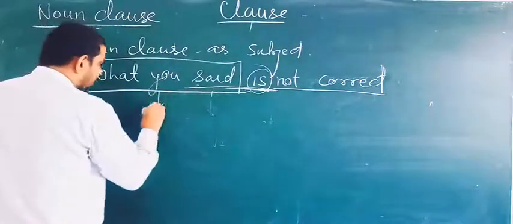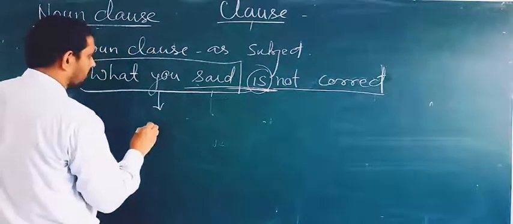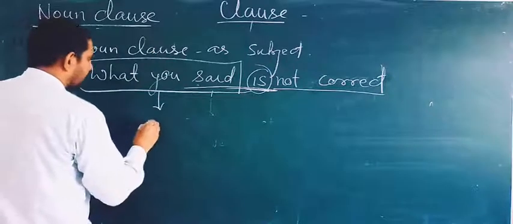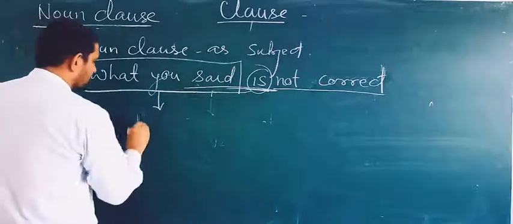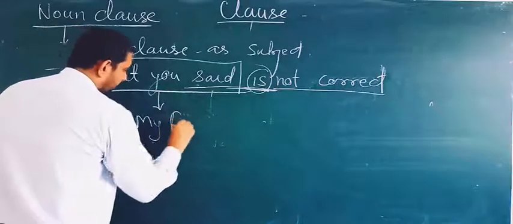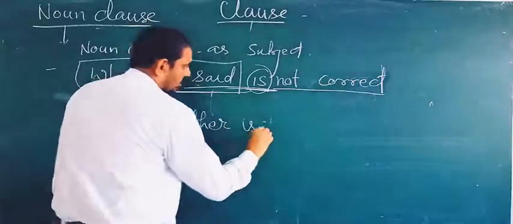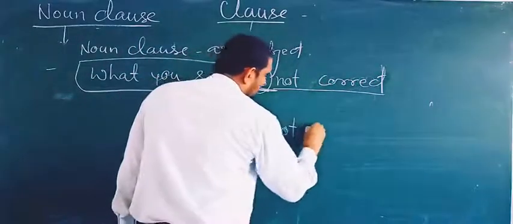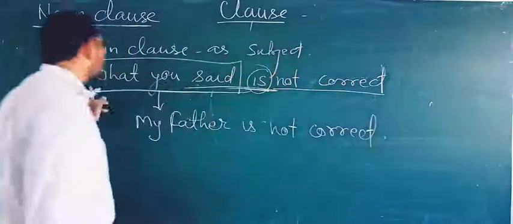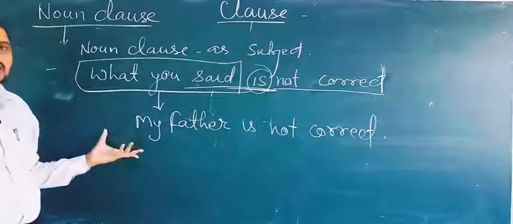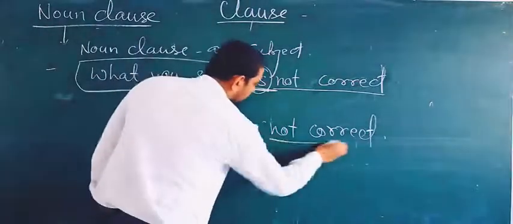So you can understand, I just replace these words: "My father is not correct." Maybe in this sentence, what you said is about your father, so father is the subject of the verb is, and these are the other words.